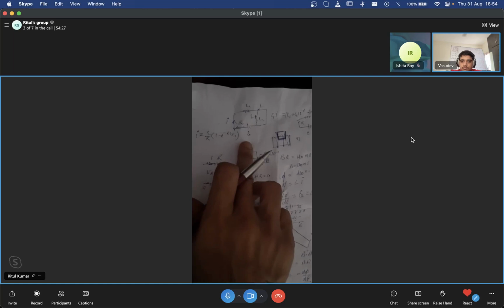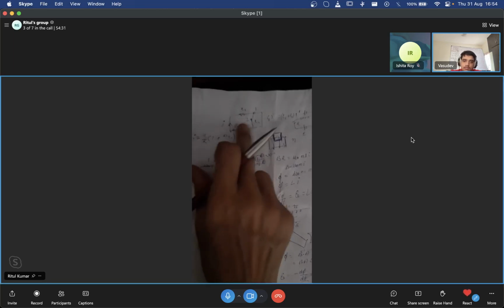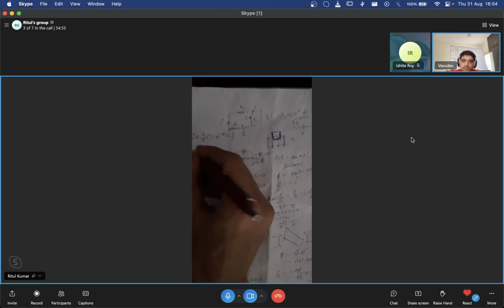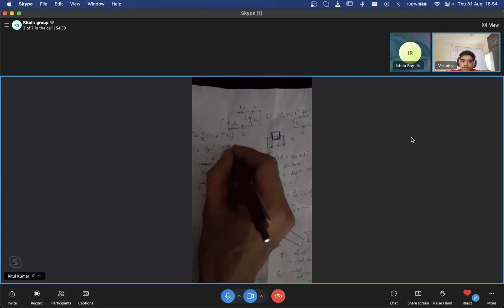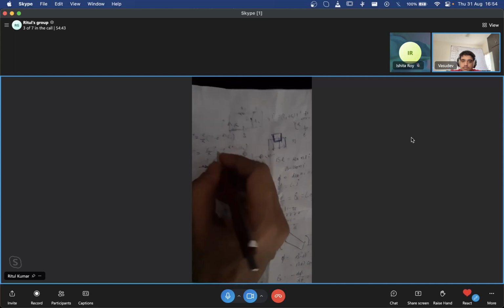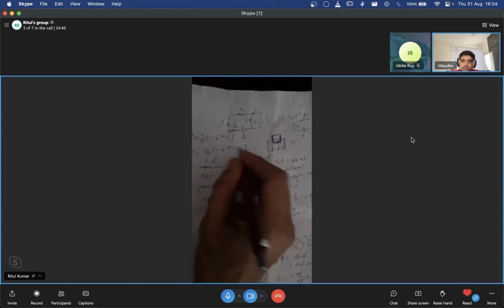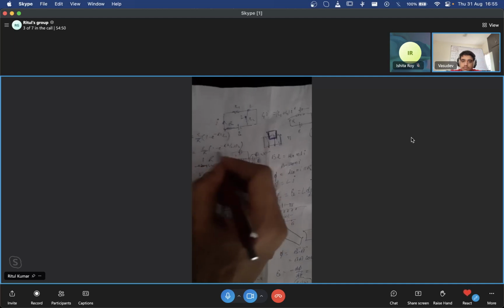I want to switch it now. Then I know that with L1, L2 and R, I can still write the equation. That I prime, let us say, is equal to E by R into 1 minus e raised to the power RT by L1 plus L2. But then this equation gives me, at T equal to 0, current being 0, which is not the case.